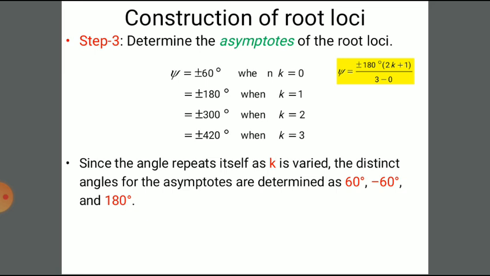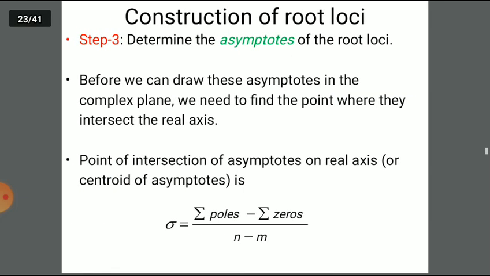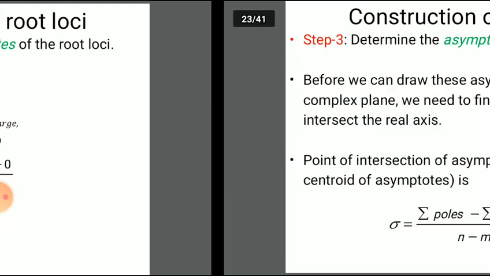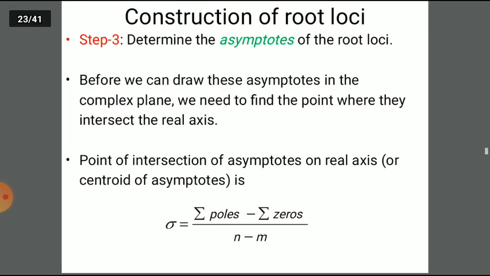Since the angle repeats itself as k is varied, the distinct angles for the asymptotes are 60 degrees, minus 60 degrees and 180 degrees. The point of intersection of the asymptotes is found using the formula sigma equal to summation of poles minus summation of zeros, upon n minus m. If you put in the values, you will get minus 1. That minus 1 is the point of intersection of the asymptotes.